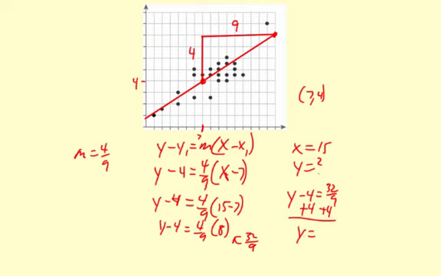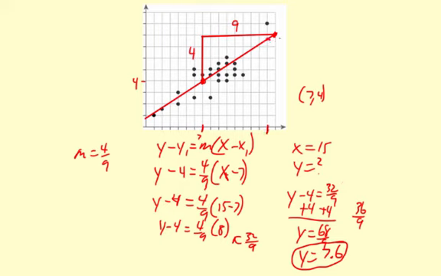So y equals 32/9 plus 4. A common denominator in ninths is 36/9. That's the same thing as 4. So we're adding 32/9 and 36/9, which is 68/9. So the decimal form for 68/9 is about 7.6, so we're just going to use that. So y equals 7.6 when x equals 15.